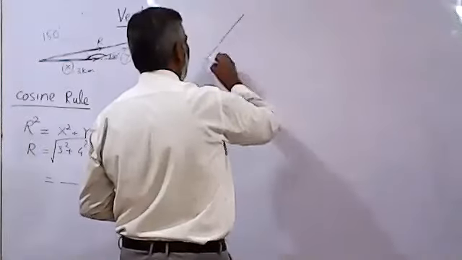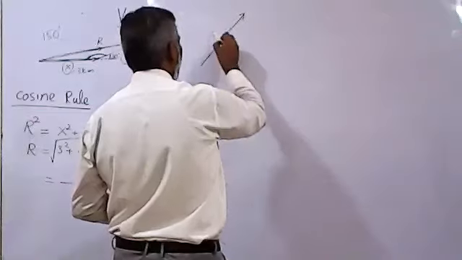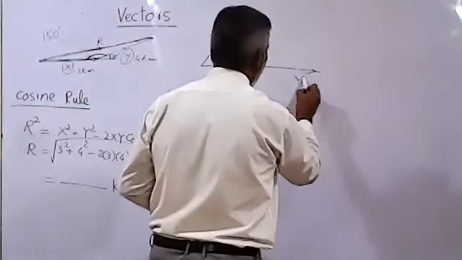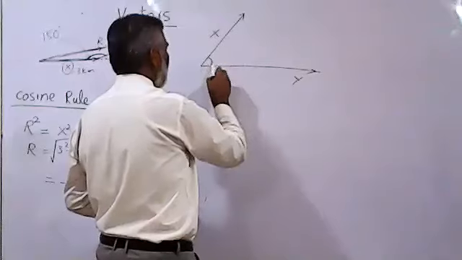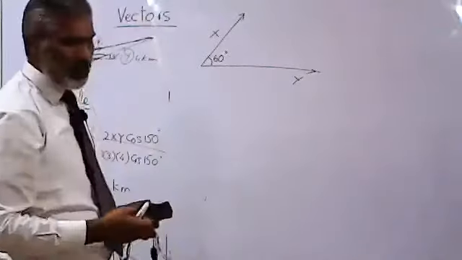Suppose there is a vector x here, and there is a vector y here, and there is an angle of 60° between these two vectors. What is the resultant of these two?